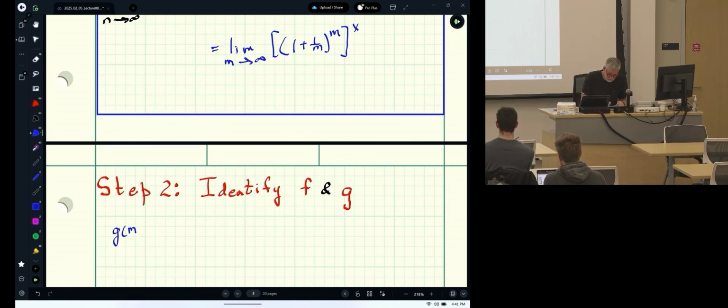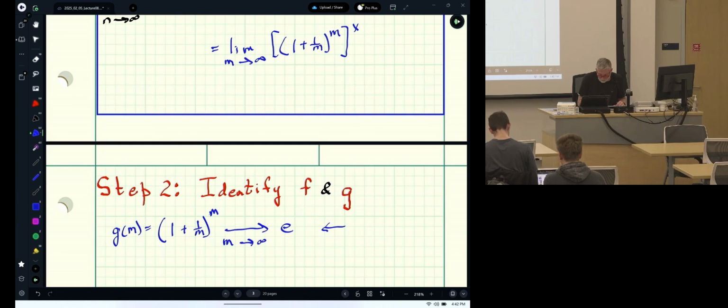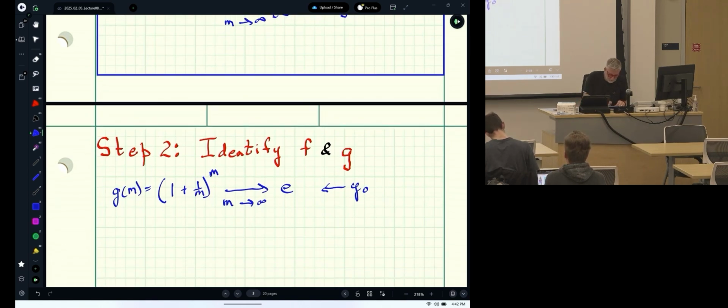We can have g of m, it's just the basic part of Euler's number, and that goes to e as m goes to infinity. So that's the point y0, e, when we're applying that. And then f of y is simply y raised to the power x.